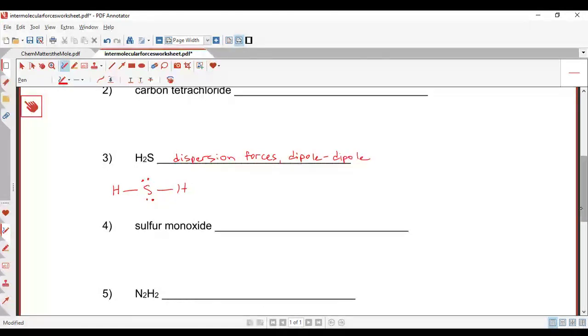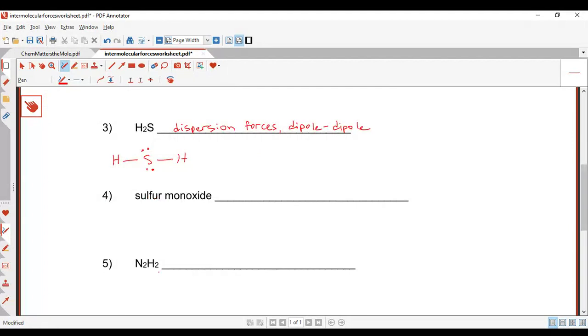Okay, let's look at another one here. If we look into N2H2, again, we need to think about how many valence electrons we have. So we have 10 from the nitrogens, and we have 2 from the hydrogens, so we have 12 valence electrons.